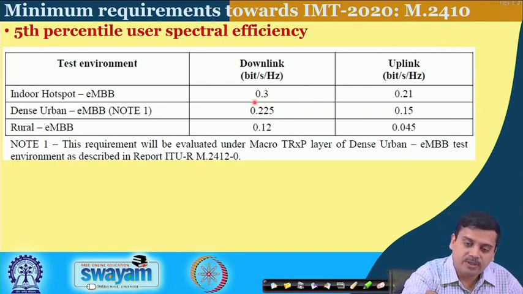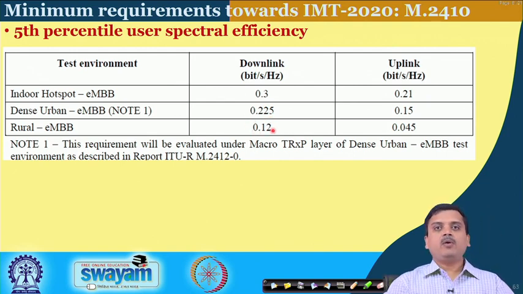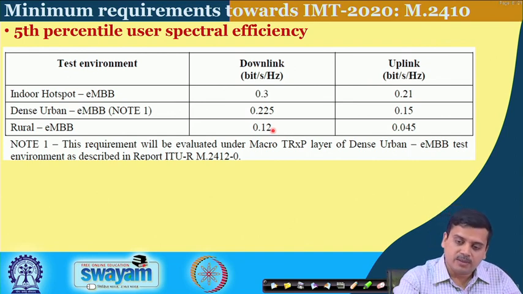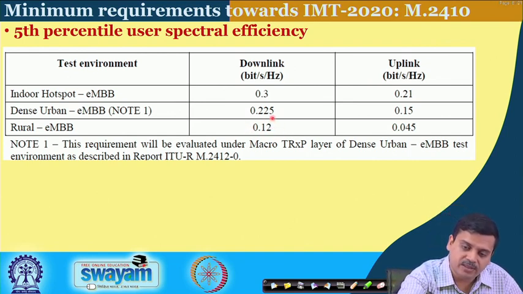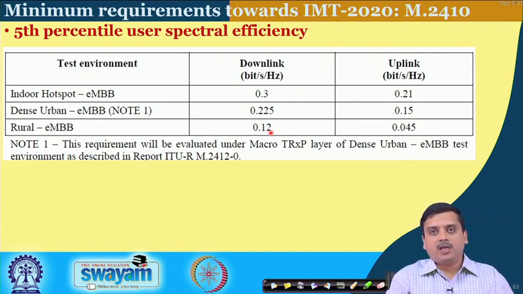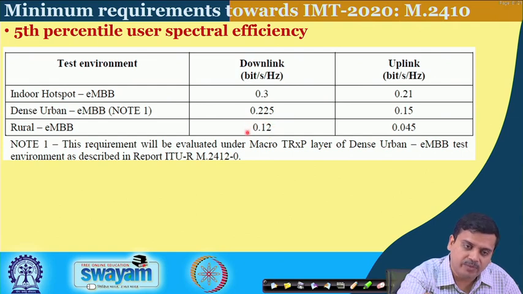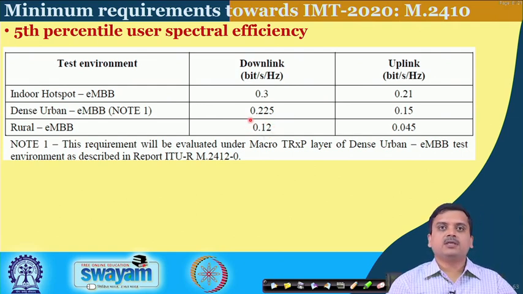When you go to dense urban, you have a strong desired link, but there is a lot of interference, whereas in rural the signal power is less because the distance between the transmitter and receiver is pretty large. The cells are expected to be larger in size, so it is not possible to provide very high signal strength, because a smaller number of cells are expected to cover a larger area, and hence the 5th percentile spectral efficiency has a smaller value.